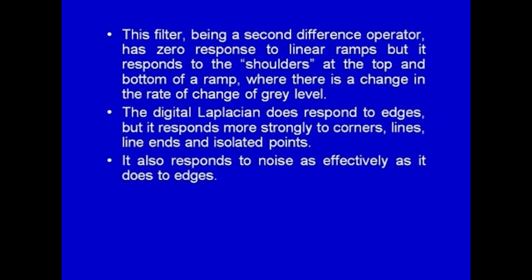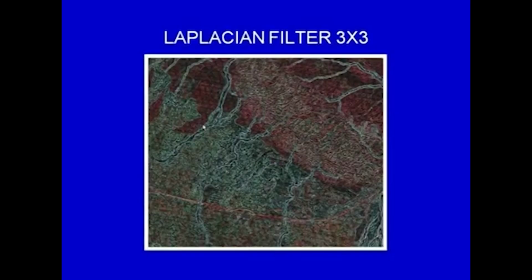It also responds to noise as effectively as it does to edges. In the next slide, a Laplacian filter 3 by 3 has been applied, and we can see how clearly the edges of various features, specifically the river streams, are depicted. Similarly, the canal flowing at the bottom part of the image can also be seen very clearly now.